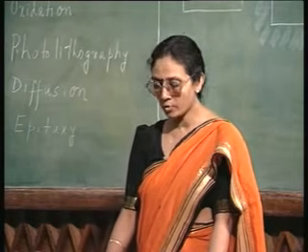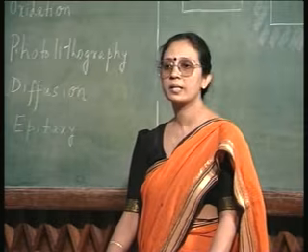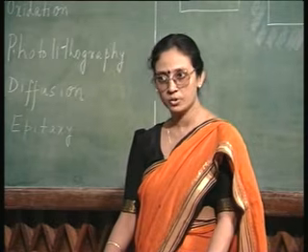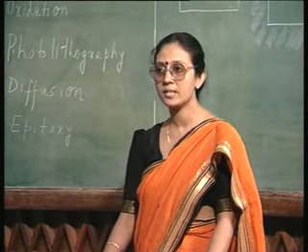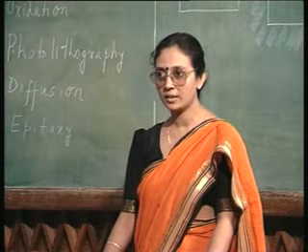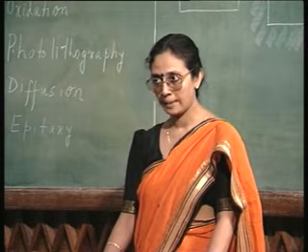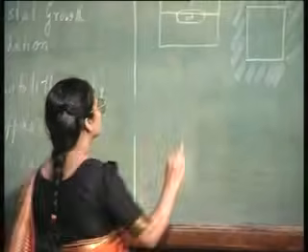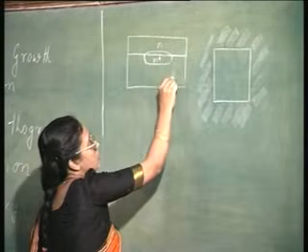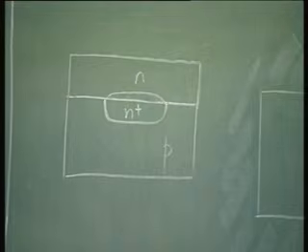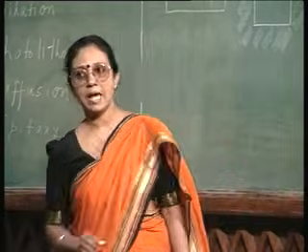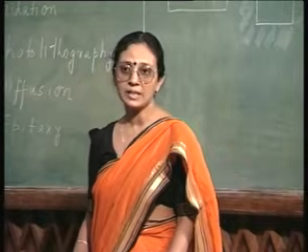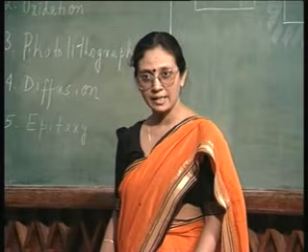So, now I suppose the term buried layer diffusion has become clear to you. This N plus layer is buried underneath the epitaxial layer. Originally we have the p type substrate, then the N plus buried layer diffusion, and on top of that the N epitaxial layer.